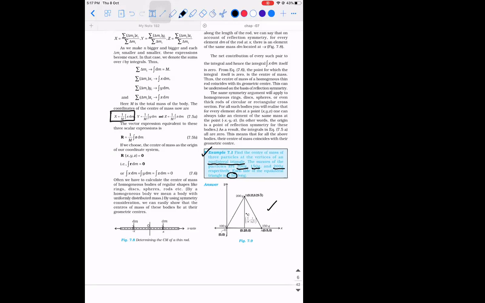Similarly, the y coordinate of center of mass is integral of y dm divided by capital M. Similarly, for the z coordinate of center of mass, it is integral of z dm divided by capital M. So these are all the coordinates of the center of mass along x, y, and z direction for extended objects.